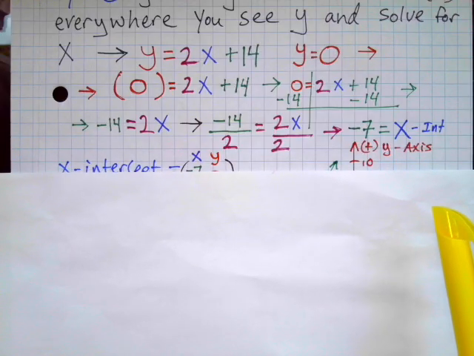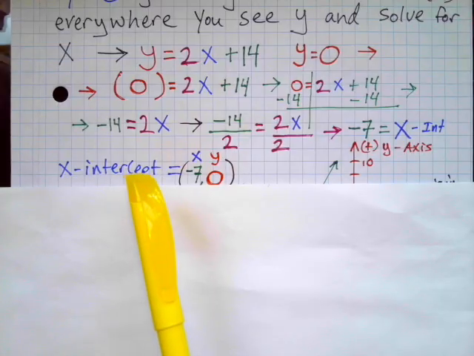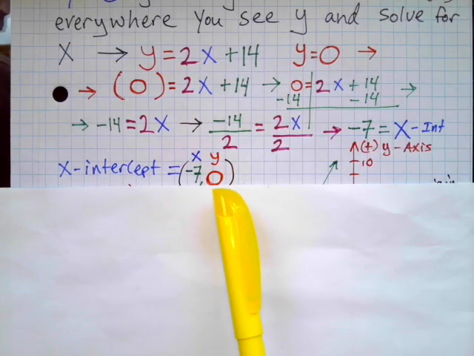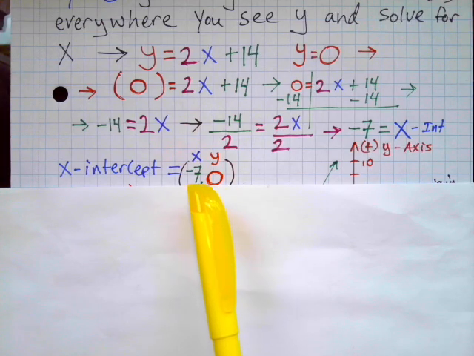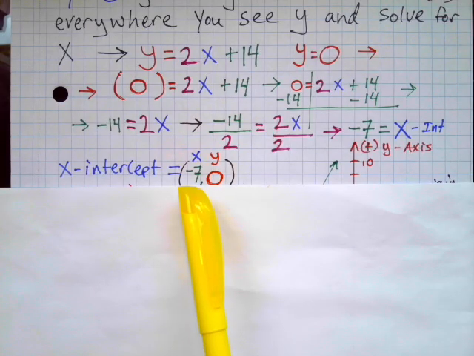Again, I'm showing you that your x-intercept is when y will always be 0. Whatever your x value is when y is 0 is your x-intercept.